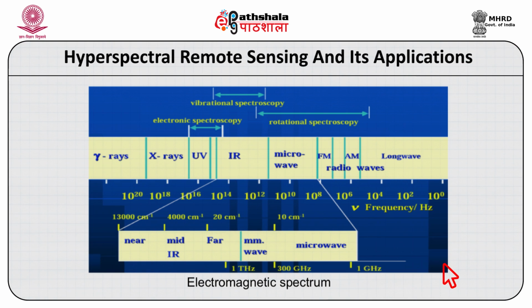Now, figure 2 shows the spectral region which is being used for acquiring the hyperspectral data. You see the visible region, infrared region, microwave region. These regions are further sliced into fine, discrete, narrow bands, and therefore we call it hyperspectral data.